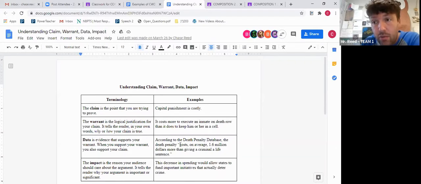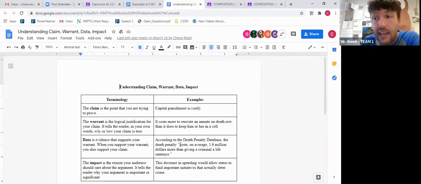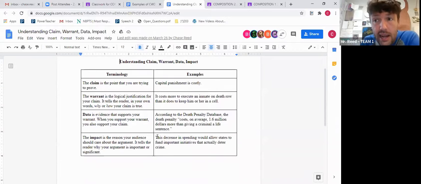Do you think that's an effective warrant? Does it really answer the question how or why that's true? Brittany, you're shaking your head yes? Okay, so warrants are kind of making sense. Let's move on. The data has to prove the warrant. So look at the data. It says according to the death penalty database. And by the way, anytime you have a quote starting with according to and it gives a source, usually that's the data component.